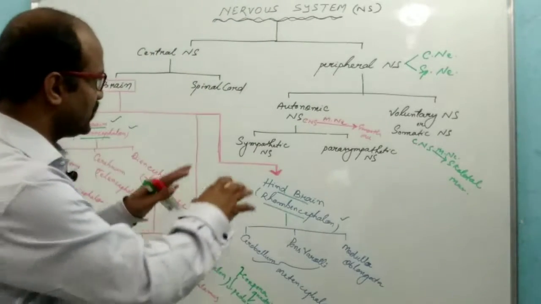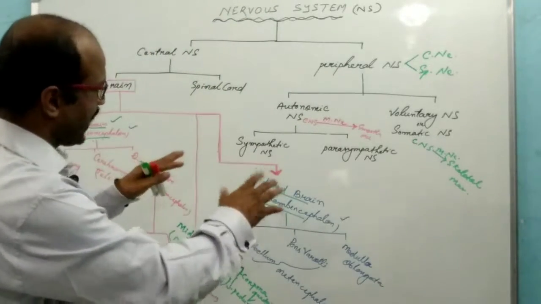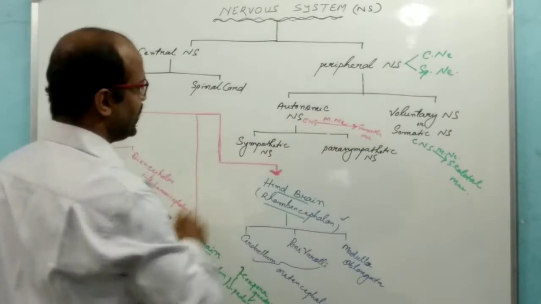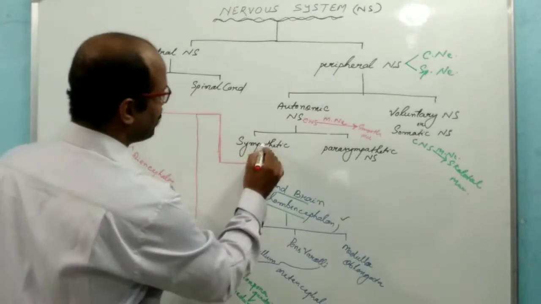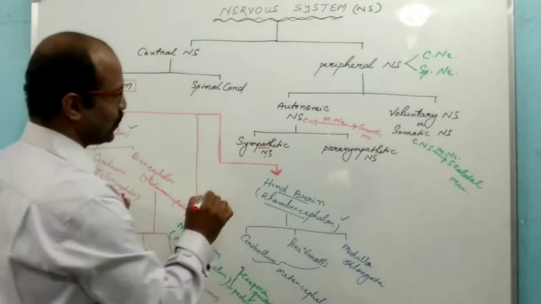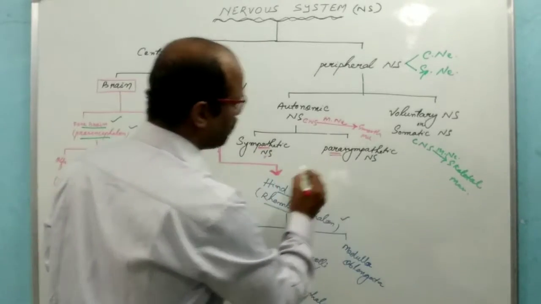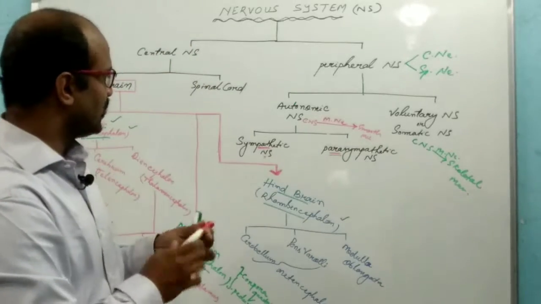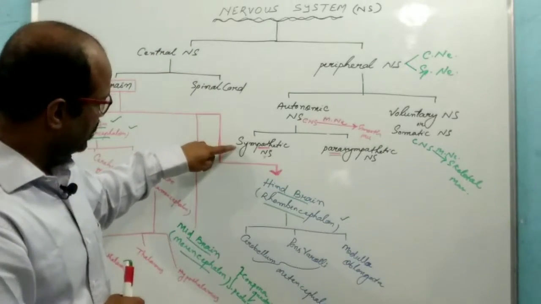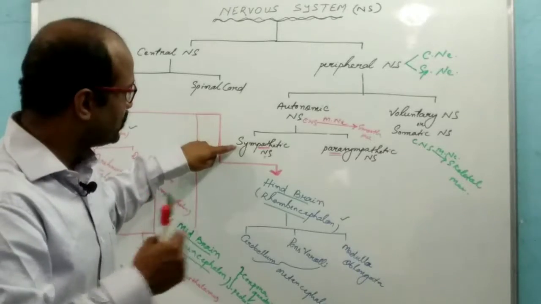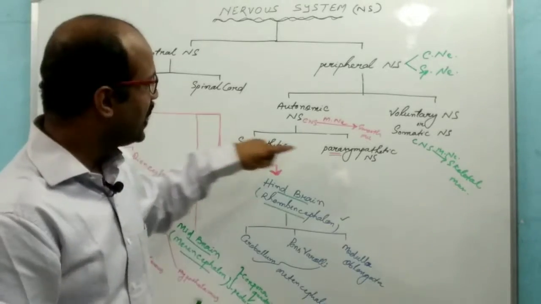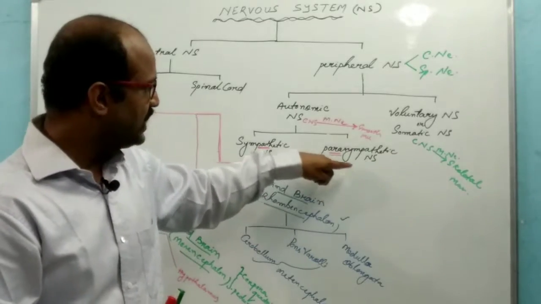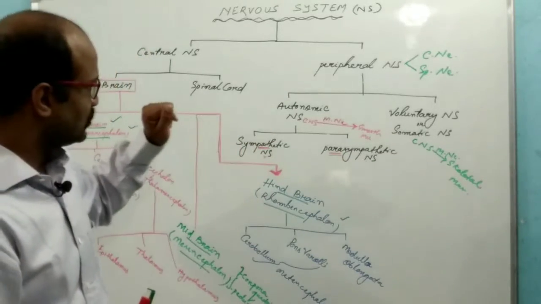So depending upon the function, excitatory or inhibitory, the autonomic nervous system is again divided into the sympathetic nervous system or the neural system, and the parasympathetic nervous system or the neural system. The sympathetic nervous system has the excitatory function, and the parasympathetic nervous system or the neural system has the inhibitory function.